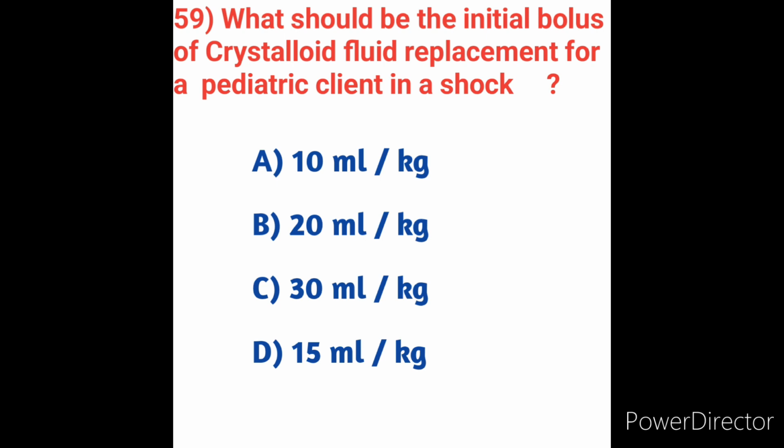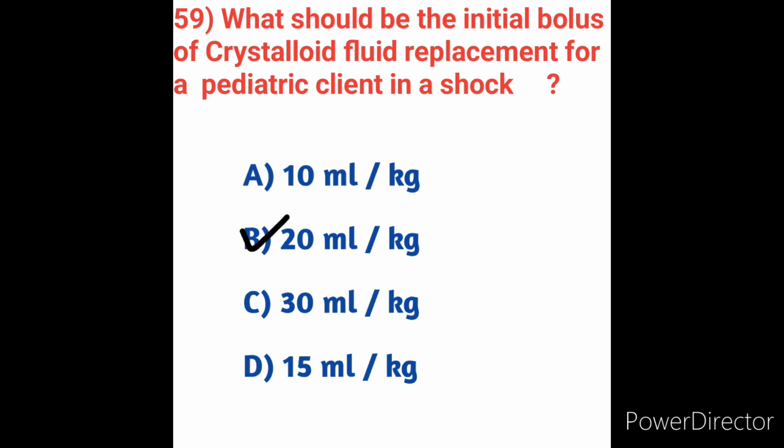What is an example of a crystalloid fluid? The frequently used crystalloid fluid is sodium chloride 0.9%, more commonly known as normal saline. So here, option B, 20 ml per kg body weight, is the initial bolus of crystalloid fluid for fluid replacement in pediatric shock.